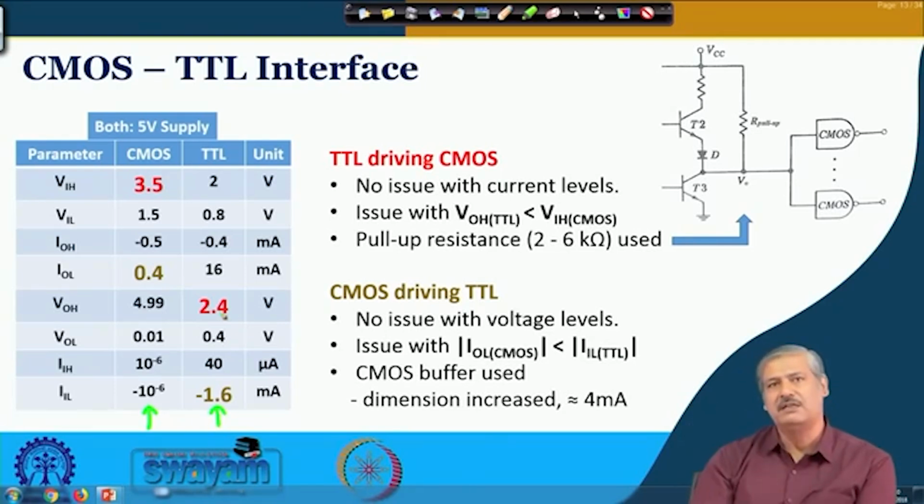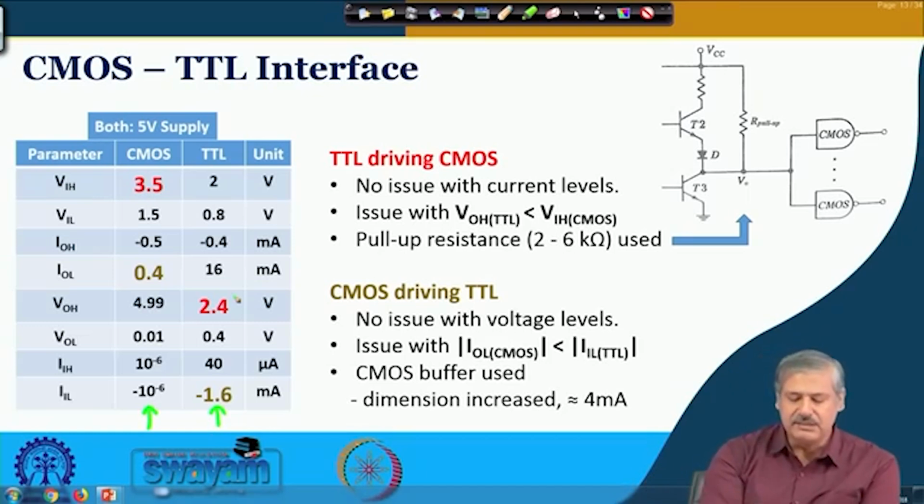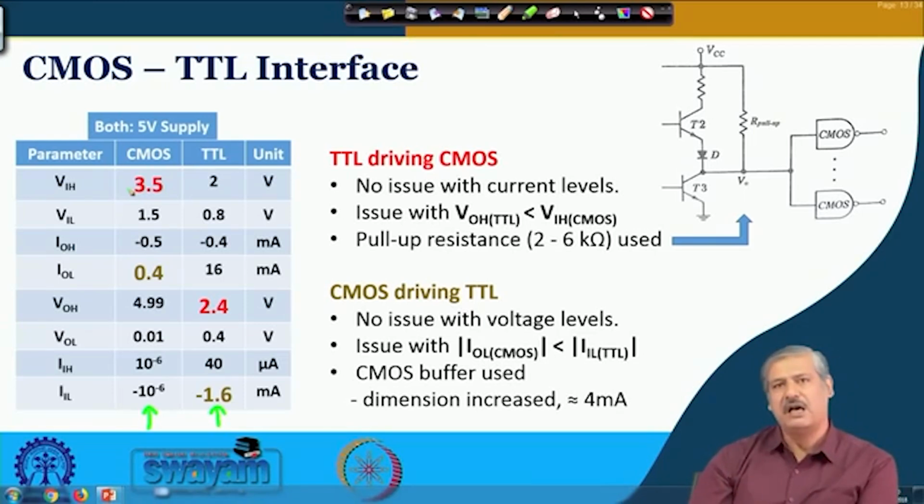In our earlier discussion we have seen from the transfer characteristics that with loading the output can go up to say 2.4 volt or so. This is your VOH, the output high. But the input voltage required by CMOS for the input to be considered high is 3.5 volt for the 5 volt case, and for the 10 volt case we have seen about 7.5 to 8 volt.